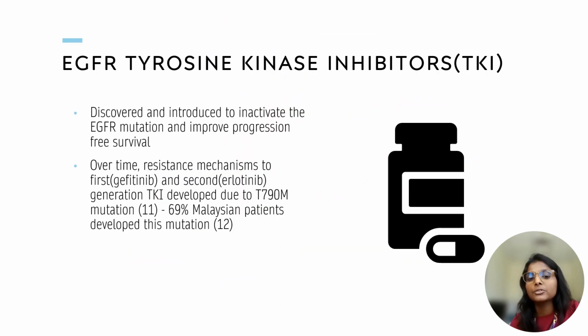They were discovered and introduced to inactivate EGFR mutation and also improve patient progression-free survival and prognosis. Unfortunately, over time, resistance mechanisms towards the older generation TKIs, like the first generation gefitinib and second generation erlotinib, developed due to new mutations like the T790M mutation. This was evident in Malaysia as well. A recent 2024 study showed that 69% of lung cancer patients in Malaysia developed the T790M mutation.